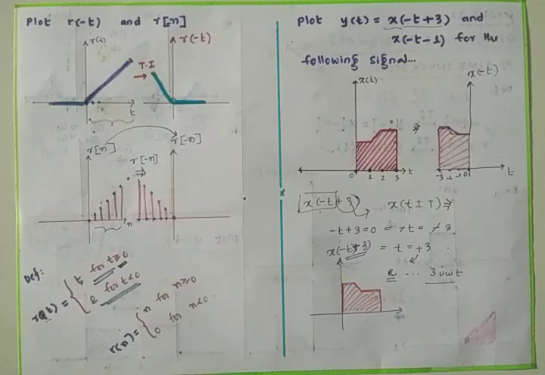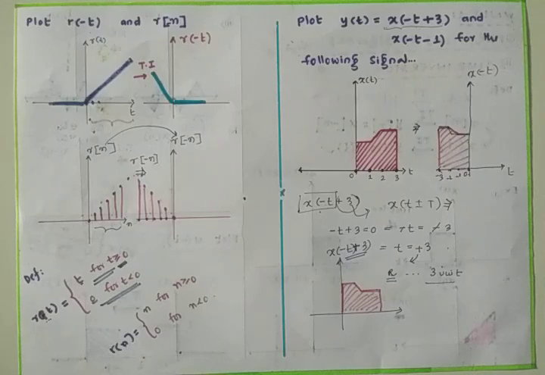Simple logic is that whatever signal is there in the first quadrant will come into the second quadrant. Whatever signal is there in the second quadrant will come into the first quadrant. If we have the signal in the third quadrant, it will come into the fourth quadrant due to the time reversal operation, and if the signal is in the fourth quadrant, we get the same signal in the third quadrant.